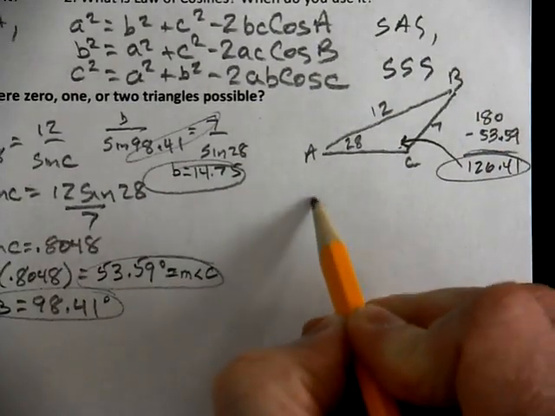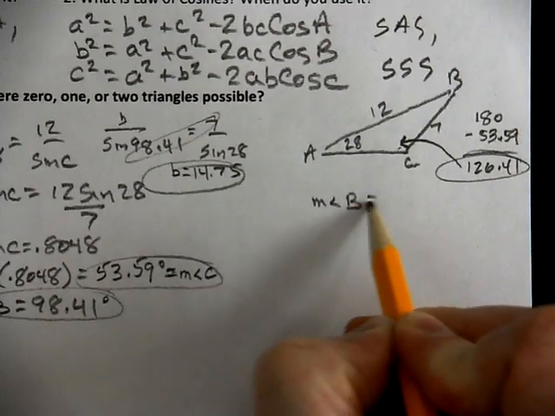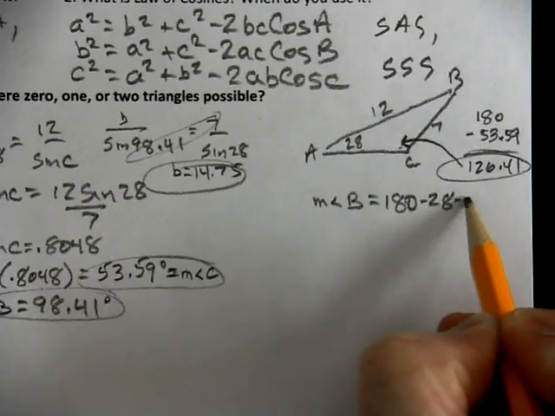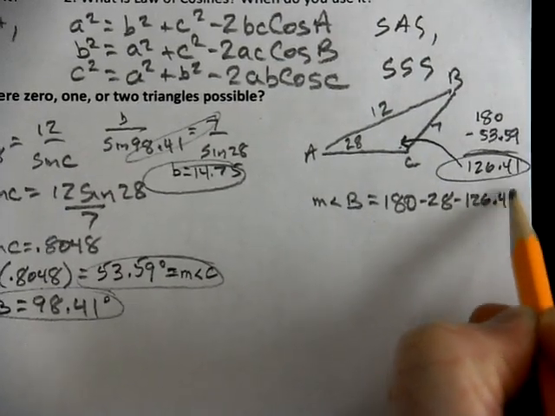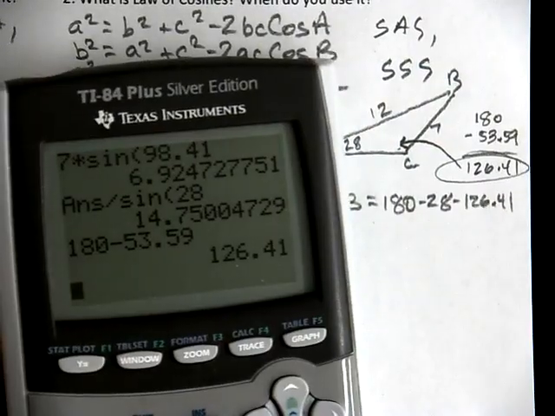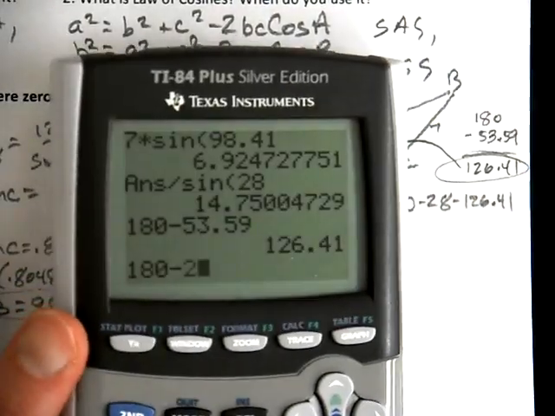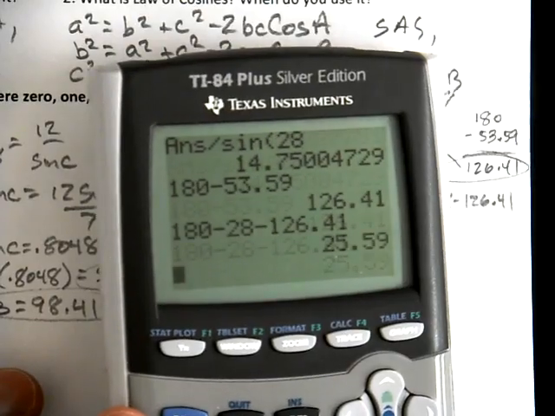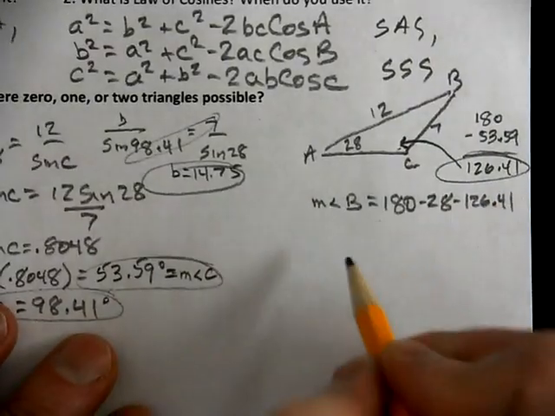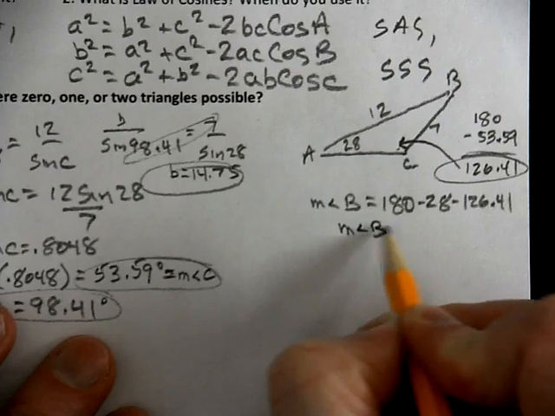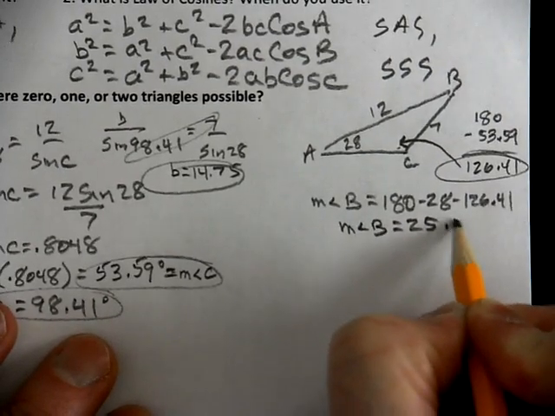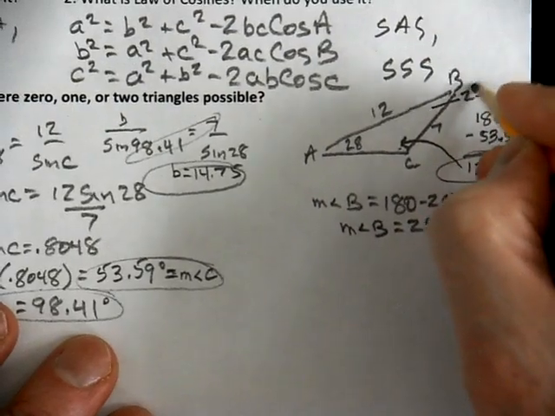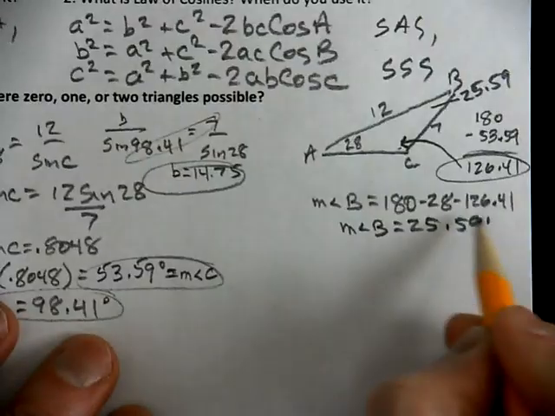So now to find the measurement of angle B, that's going to be 180 minus 28 minus 126.41. That gives us 25.59.